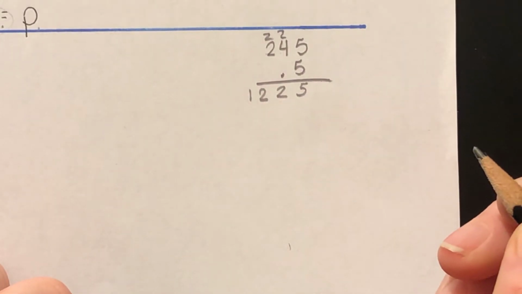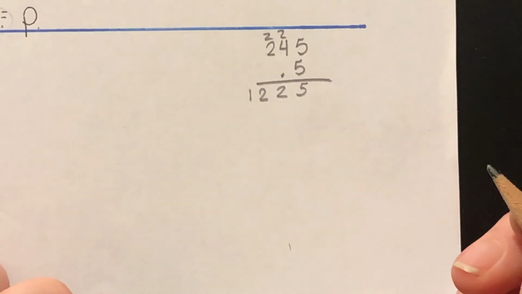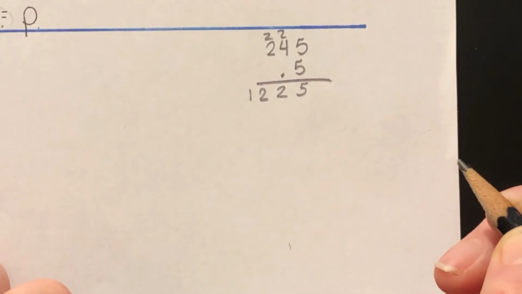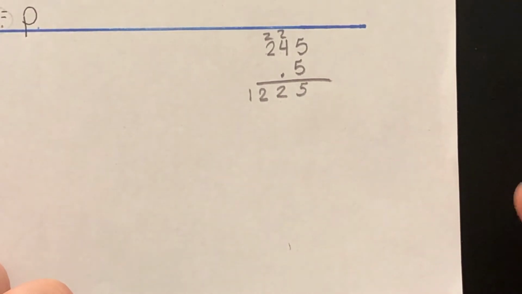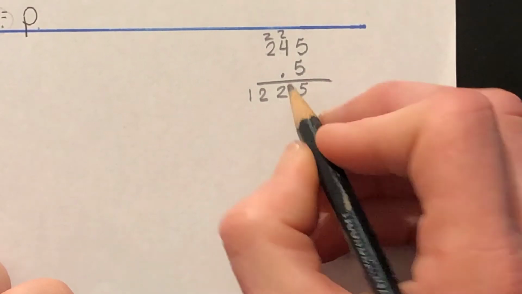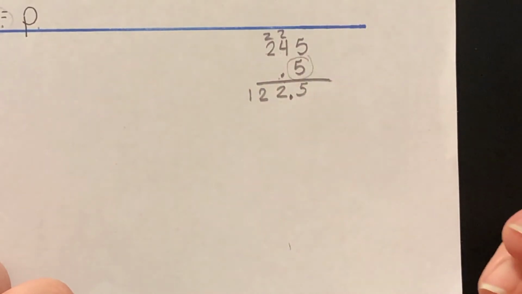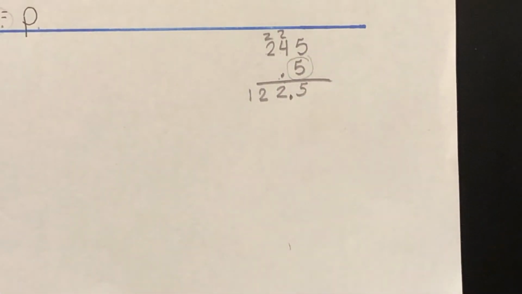Is it 1,225? Is that it? You're supposed to be yelling at the TV, right? Or computer screen or phone or whatever it is you're watching on. And say, no, it's not right. You forgot the decimal. I have 1 digit to the right of the decimal, so I need to have 1 digit to the right in my product.